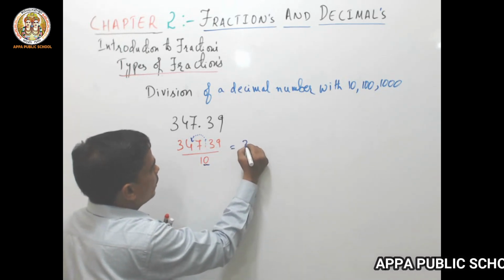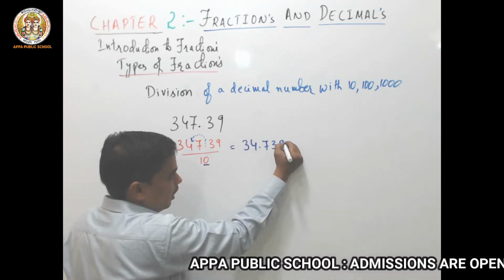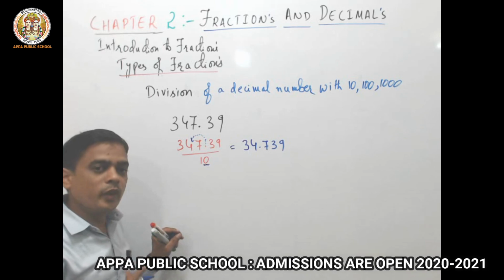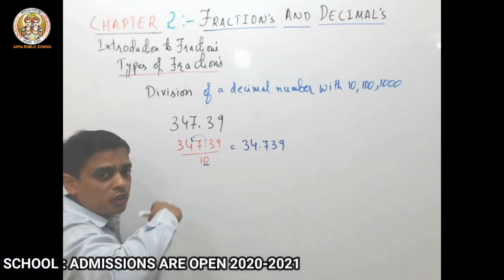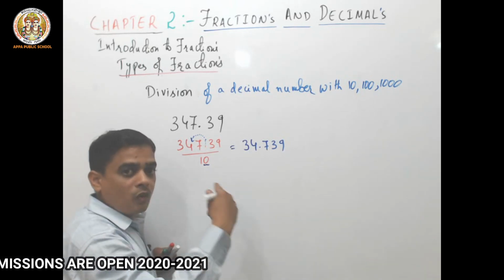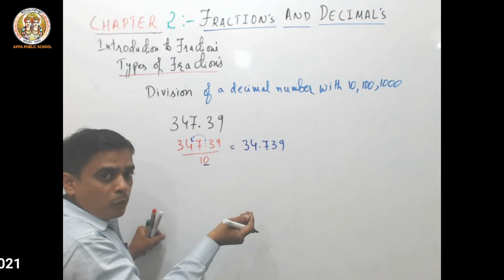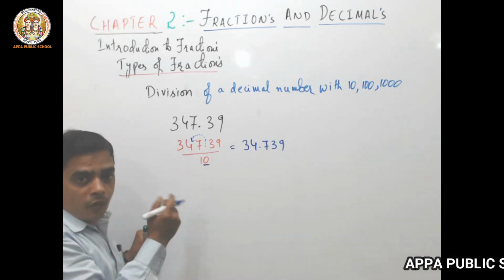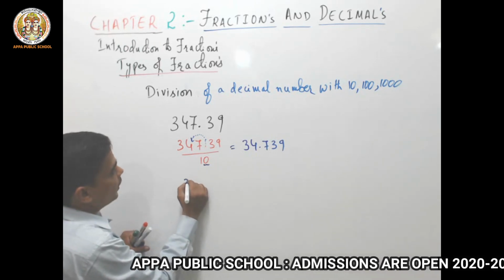How much will it be? 34.739. Understood? In case of multiplication, if there is only 1 zero, you shift the decimal point after one number. In case of division, you shift the decimal point before one number, towards your left.